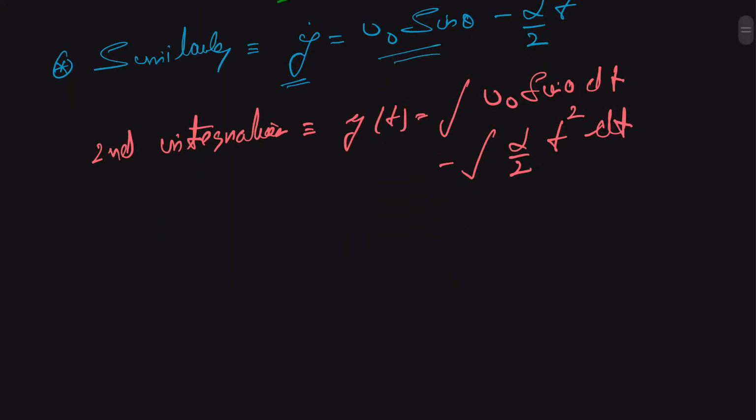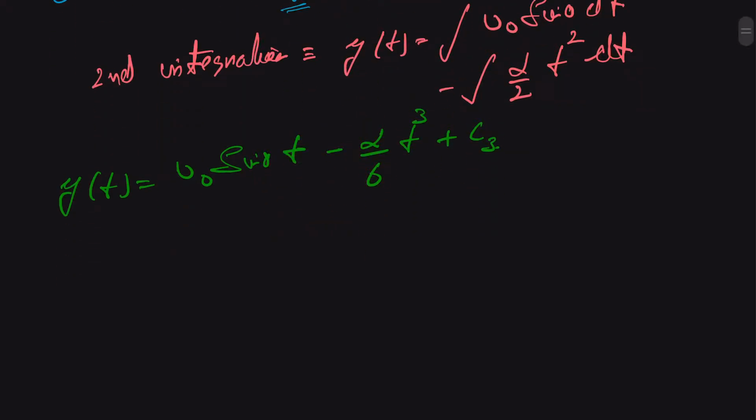Therefore, we get that y of t will be equal to v naught sine theta t minus alpha upon 6 t cube, and let us assume that the constant is c3. And this y is our position, so we know that the position at time t equal to 0 is 0. So we get c3 is equal to 0.